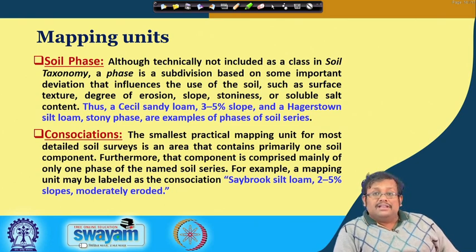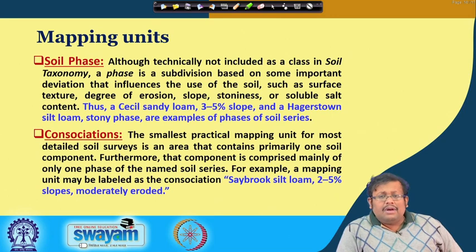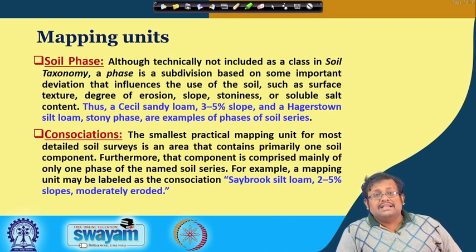There are certain important terms which you need to define. First of all, soil phase. We talked about different soil phases while discussing these different orders of soil survey. Although technically not included as a class in soil taxonomy, a phase is a subdivision based on some important deviations that influence the use of the soil, such as surface texture, degree of erosion, slope, stoniness or soluble salt content. Thus, Sessile sandy loam, for example, is a soil series.